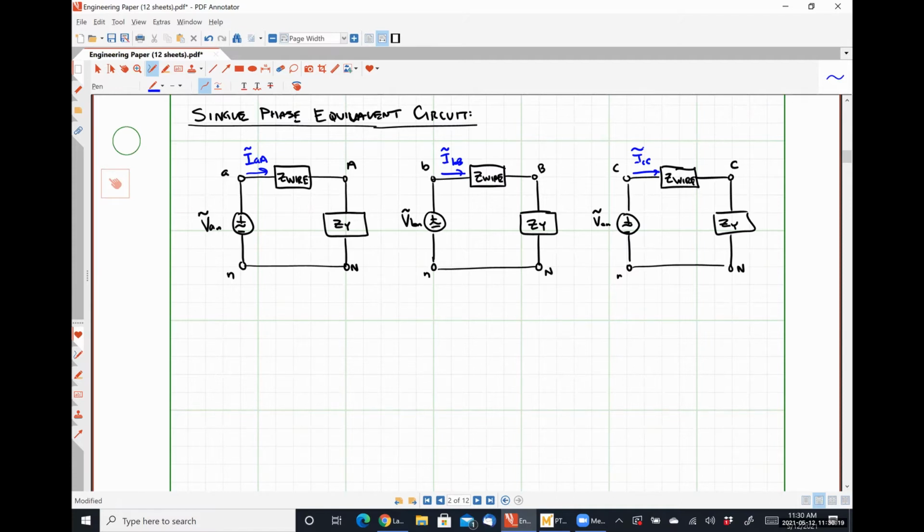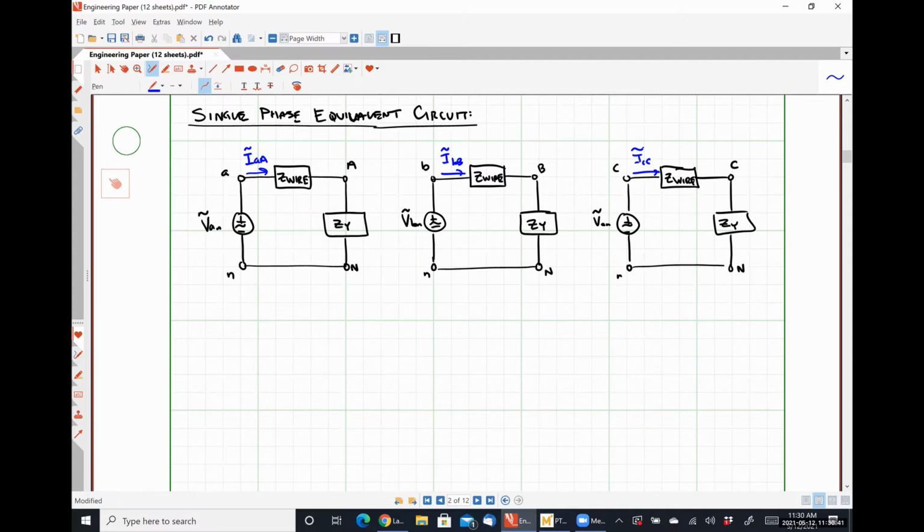Because let's say if we analyze the A phase, we know that every quantity in the B phase is just going to be lagging it by 120. Everything in the C phase is going to be lagging it by 240. If we were to analyze the B phase, we know that the A phase is leading by 120 and the C phase is lagging by 120, etc. So if we can analyze one of these circuits, we should be good to go.